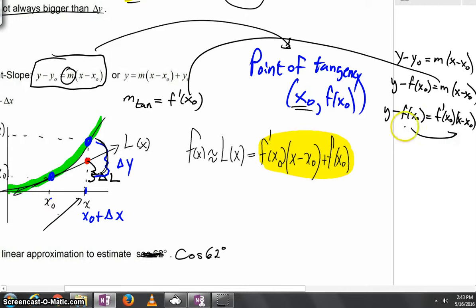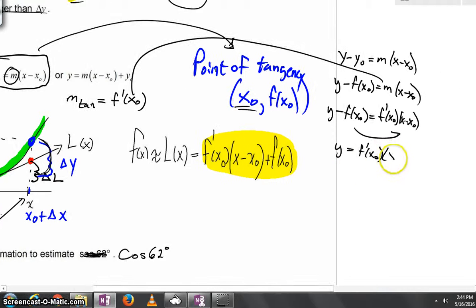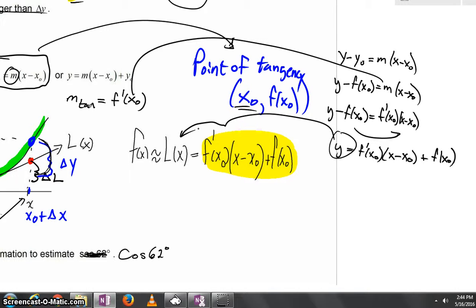How about we move that f of x naught over? We add it to the other side, and you know where we're going with this. We've got this equation of a line where we have y all by itself. But like I said, the y is really going to be called L of x. And this is the equation of a tangent line, and we can use it to get approximations.